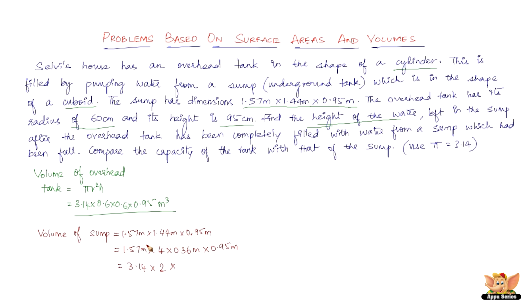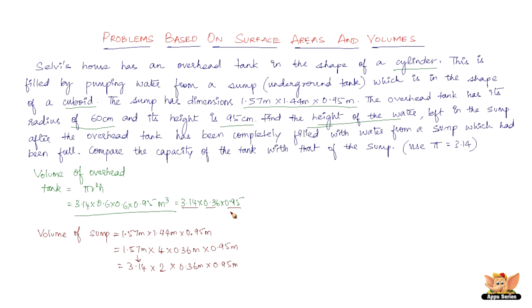Please notice carefully, I'm splitting 4 into 2 into 2, and I'm multiplying 2 with 1.57, which gives us 3.14, and then one more 2 is just taken down like this, and then I rewrite 0.36, 0.95 meters. Let me also simplify this and write it as 3.14 times 0.36 times 0.95. I think now you'll understand why I changed this.